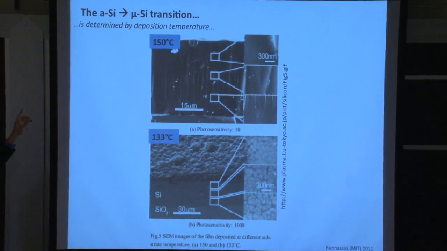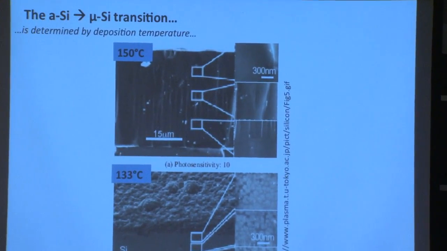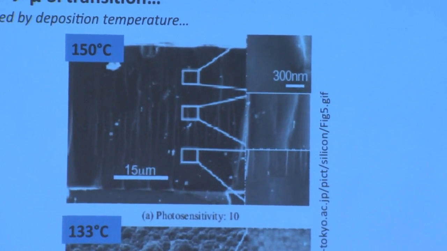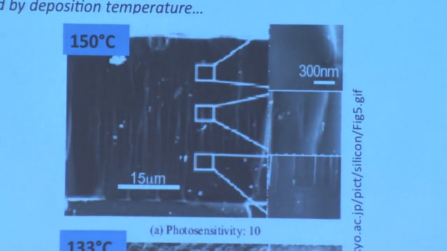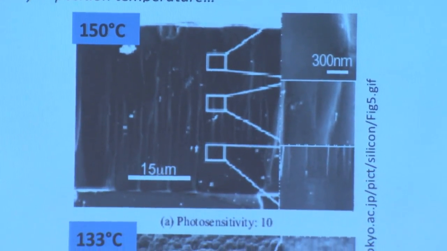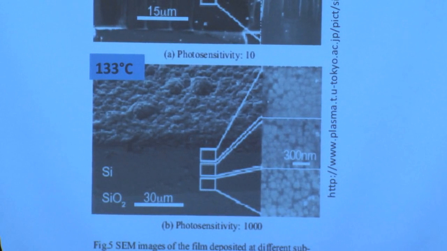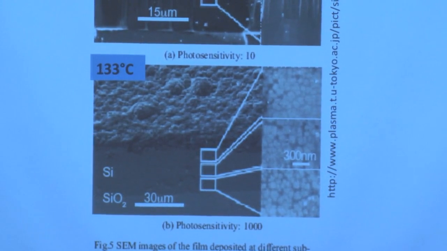That's shown at the very top. a-Si stands for amorphous silicon, μc-Si for microcrystalline silicon. Microcrystalline silicon is right at the phase transition between amorphous silicon and a crystalline, polycrystalline variant of silicon, and in some cases can actually contain a mixture of both amorphous and crystalline regions.